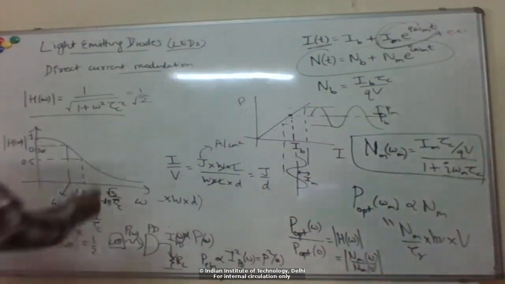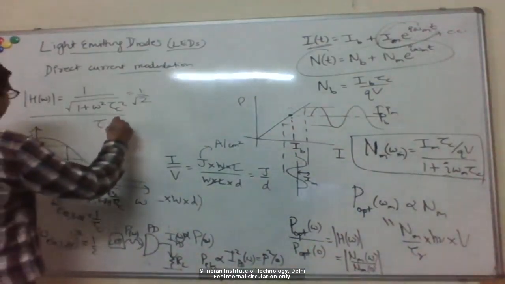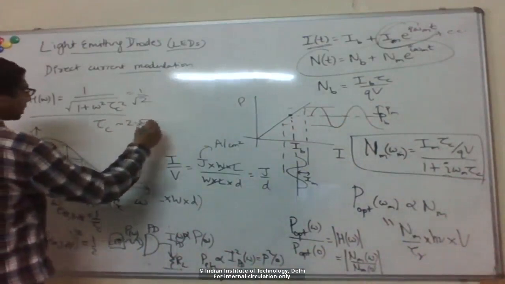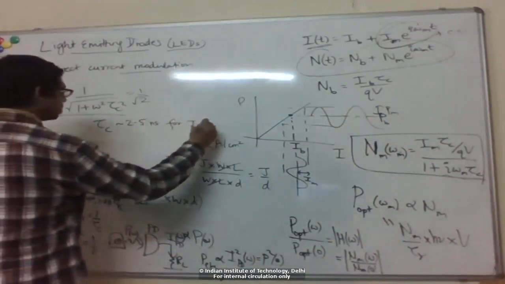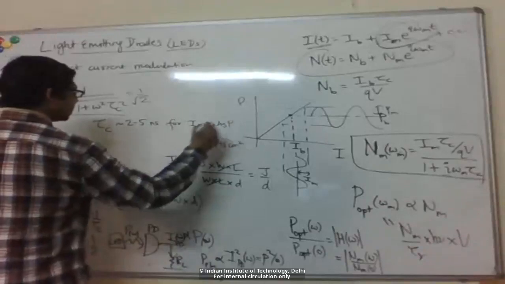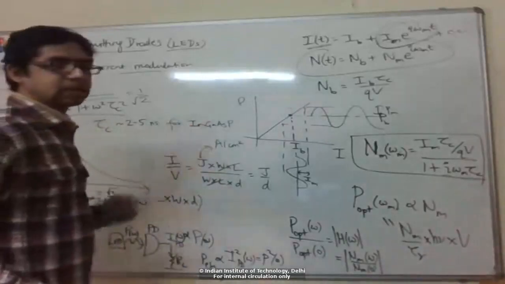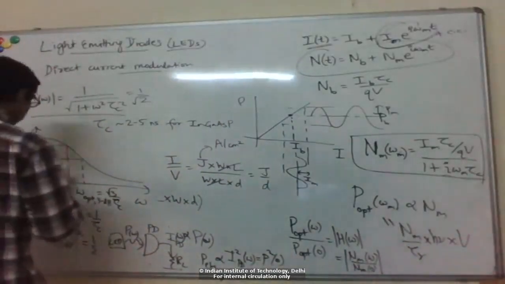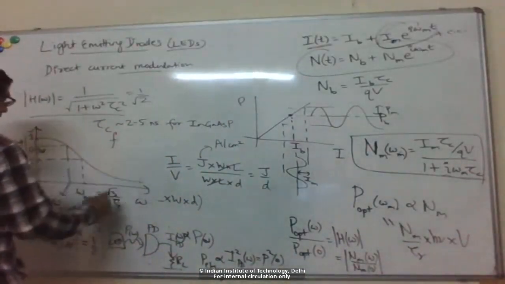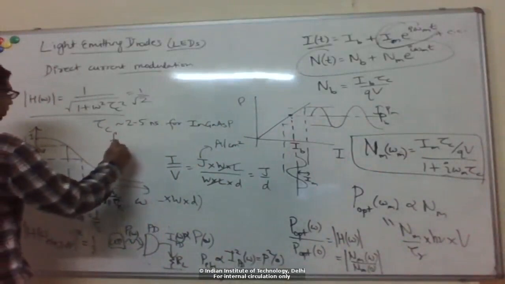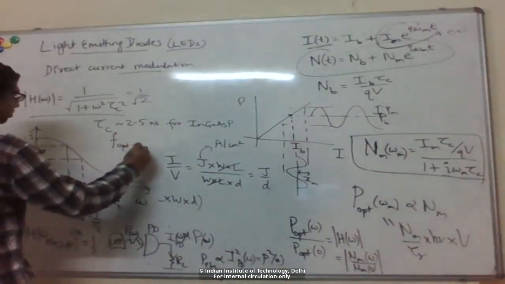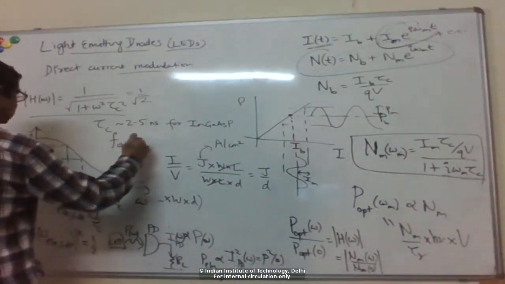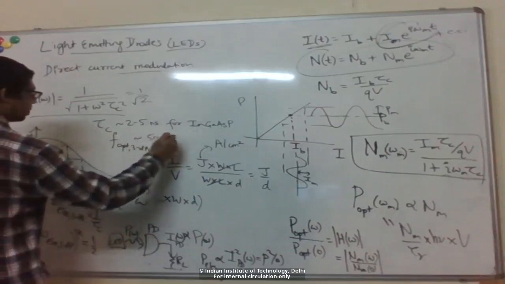Okay, so the typical values for carrier lifetimes are between 2 and 5 nanoseconds for InGaAsP devices, which are in the telecom range, 1.3 to 1.6 micron. For that, the 3 dB optical frequency, if you calculate, is in the 50 to 150 megahertz range.